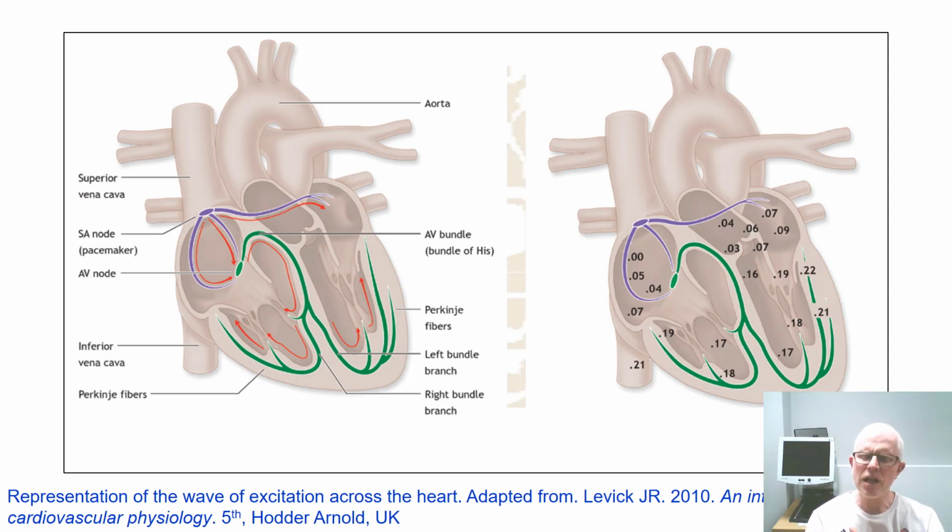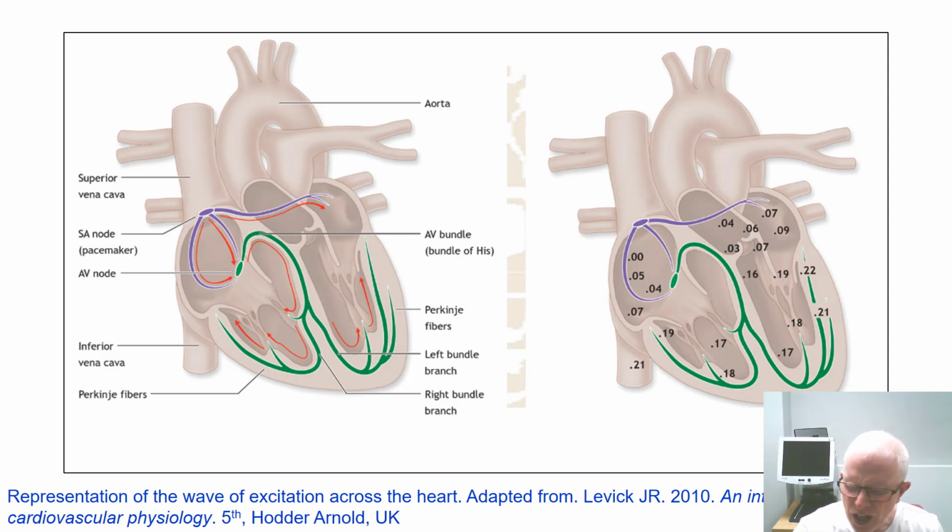So it's three-dimensional. If you look in the right-hand panel, you've got this time frame 0, and then it starts to spread. So let's say time frame 0.04. It's where we've started to engage the AV, so the atrioventricular bundle, the bundle of His.